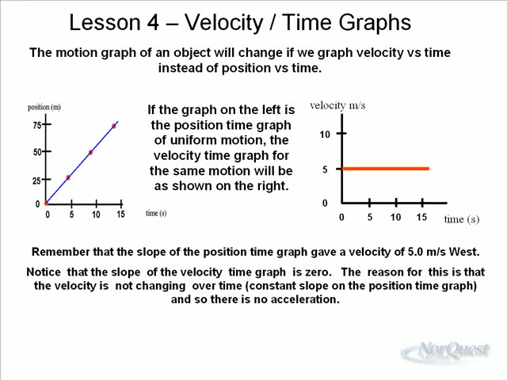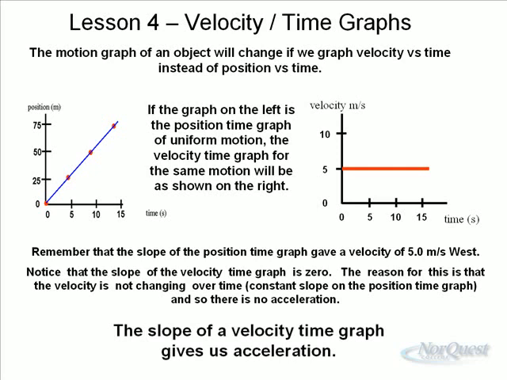Now, notice here on the right hand side that the slope of a velocity time graph is 0. This is an important revelation. The reason for this is that the velocity is not changing over time. It's a constant slope on the position time graph, and so there is no acceleration. It turns out that the slope of this velocity time graph actually gives you the acceleration.